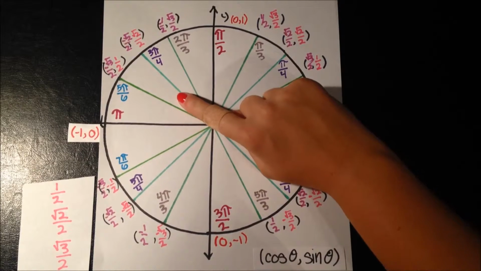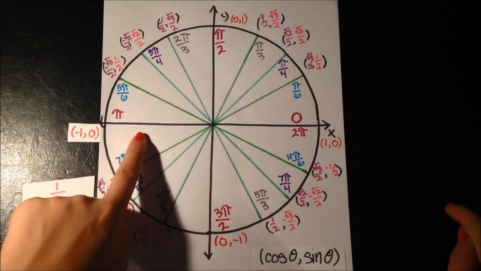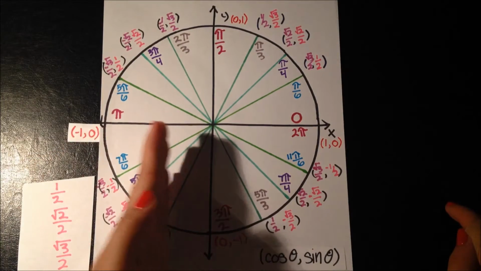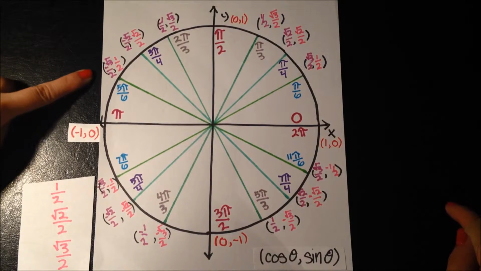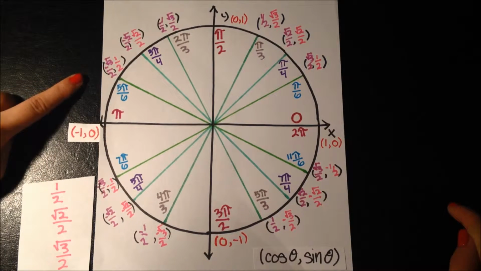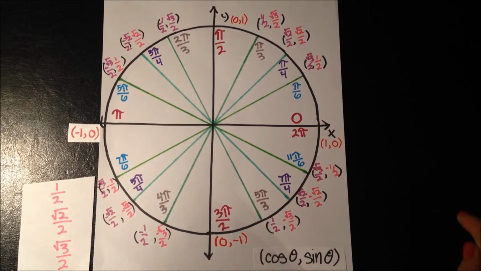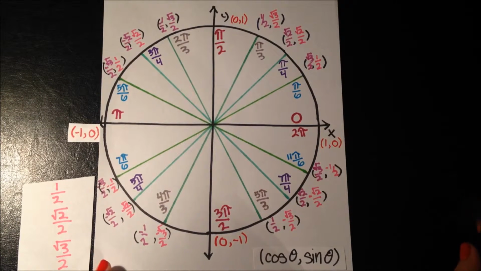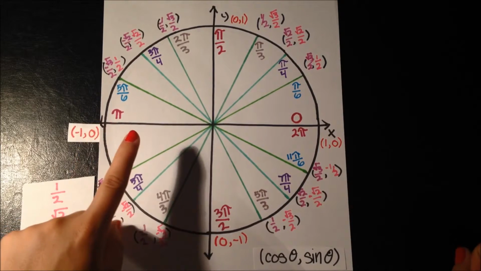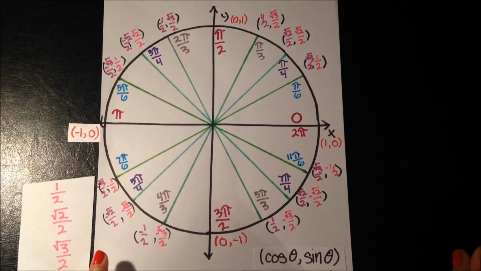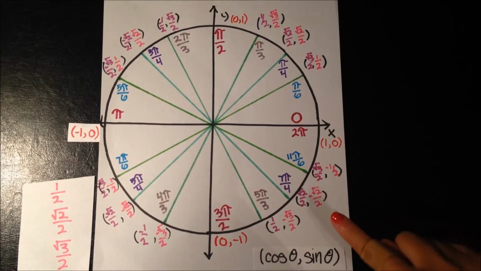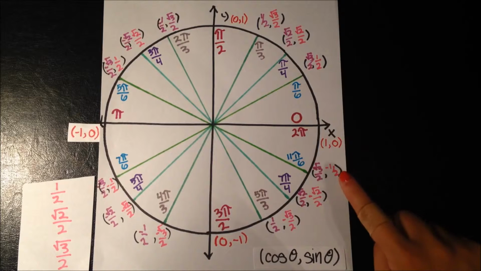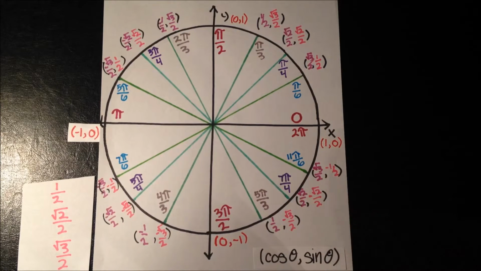But in the second quadrant, however, there are negative x values because we go left where x is negative. And so there are negative signs in front of all of the x coordinates. And in the third quadrant, it is both negative on the x value and the y value. So there are negative signs in front of both of them. And in the fourth quadrant, only the y value is negative. So there's only a negative sign in front of the y values.